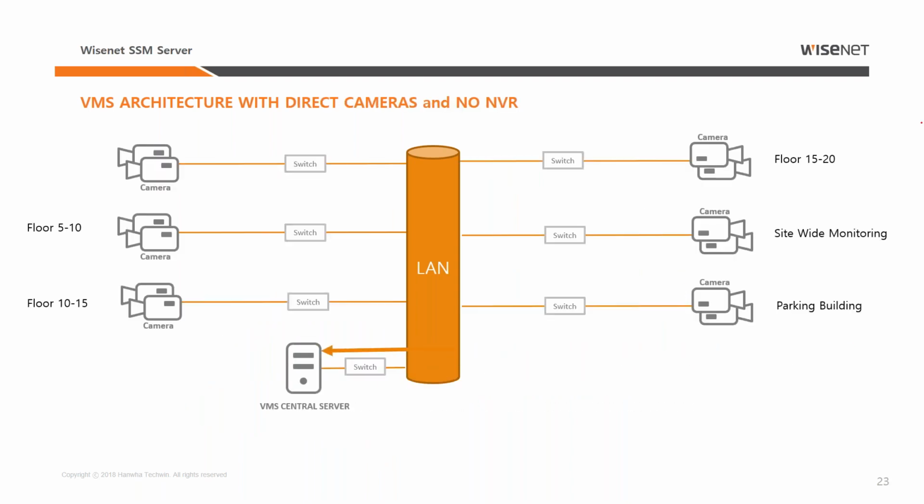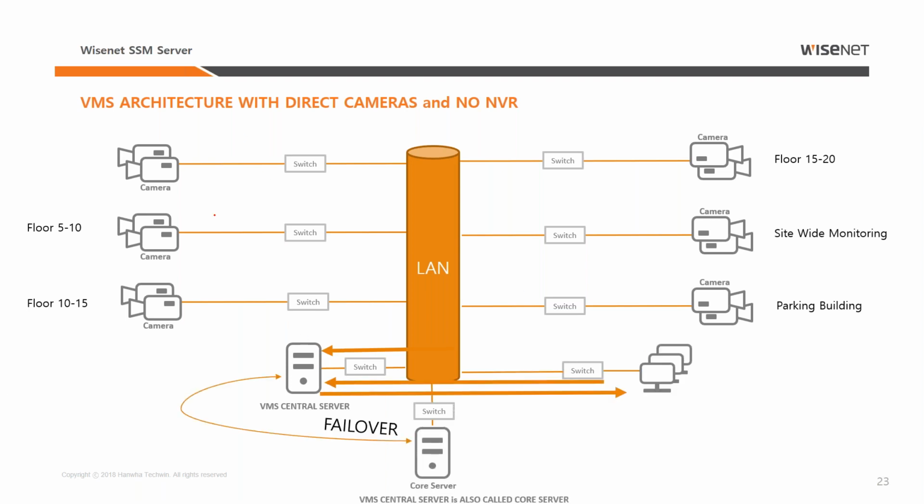Okay, what about when you don't have NVR and you're recording on this server? Again, you can buy one more standby server and do failover. If you're buying XRP, PRP, PRO, Hanwha recording servers, then no need to pay license.